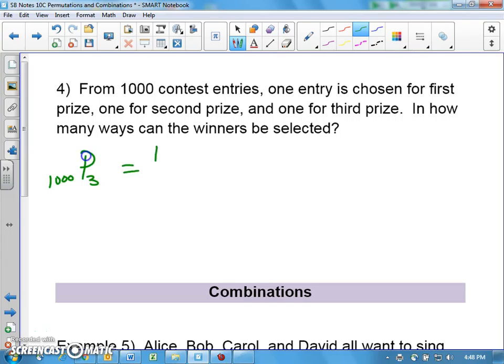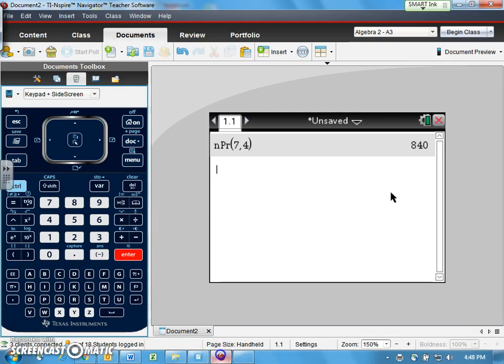So this comes out to be 1,000 factorial over 1,000 minus 3 factorial, which is 1,000 factorial over 997 factorial. And we really don't want to have to calculate those, so let's make the calculator do this for us.